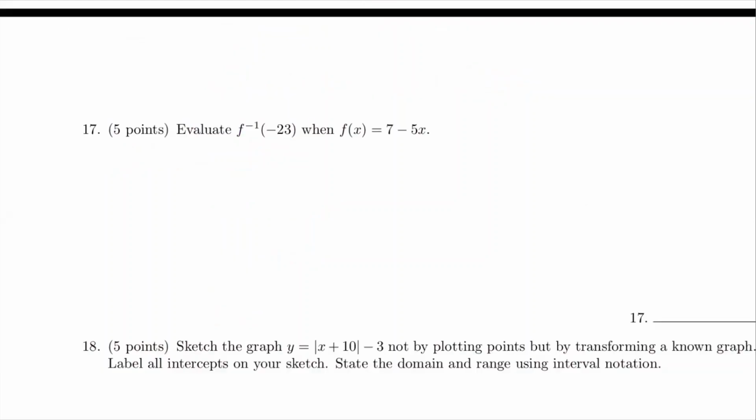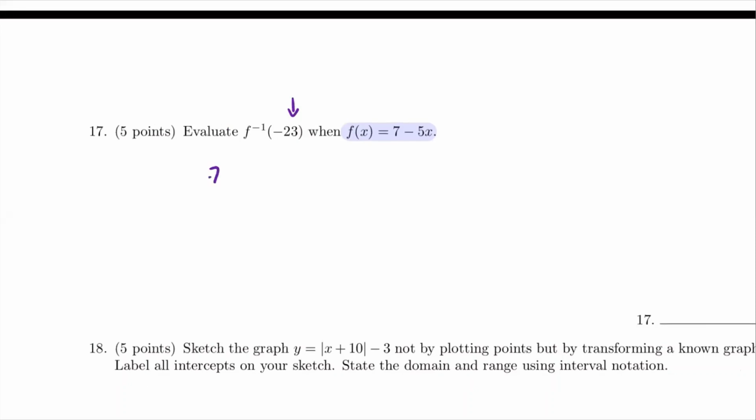For number 17, we're going to evaluate f inverse of -23 when f of x is equal to this function. All right, so there are, of course, two ways to do this. When this is the input for the inverse function, then that's really the output for the original function. So one way you can do is simply take the function 7 minus 5x and set it equal to -23.